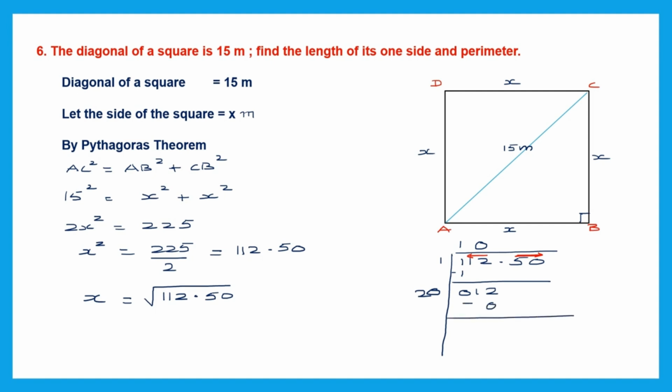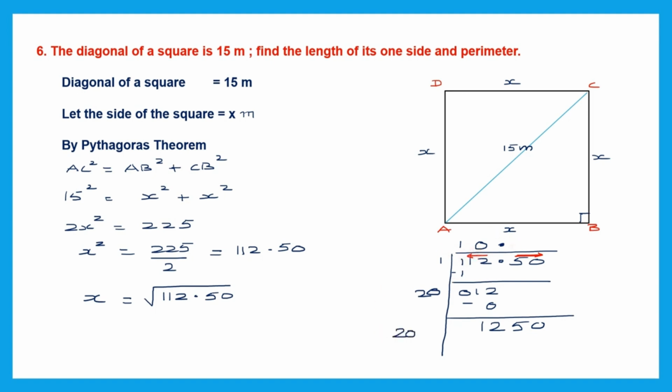So now I continue my division. I write 12 and I bring down the next pair. Before that, don't forget to carry this point up. So it becomes 10 point and then we continue. So now it is 1250 and then I have to double my quotient again. I have 10 here. I'm going to double it. It becomes 20.